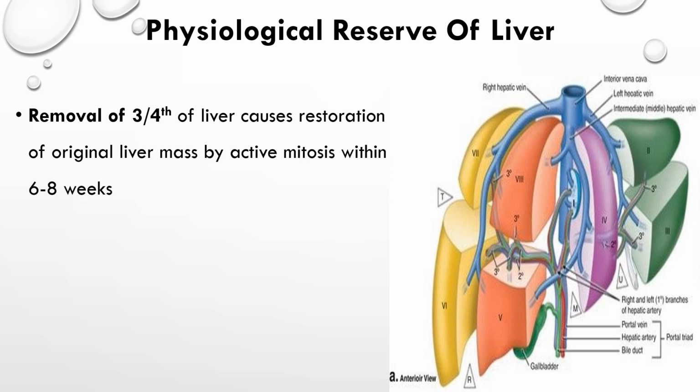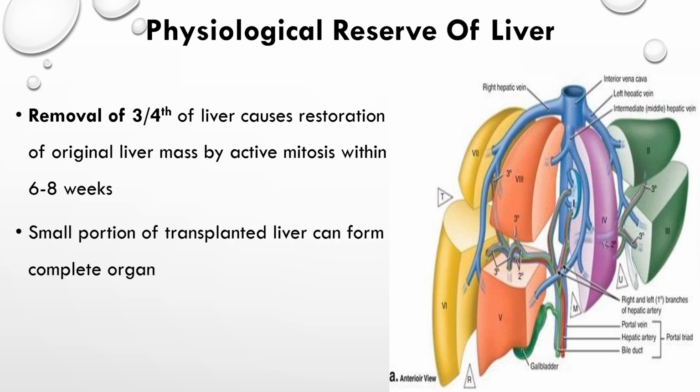The original liver mass can be restored even after removing three-fourths of the liver. The remaining liver can be restored within 6 to 8 weeks. This is due to active mitosis.